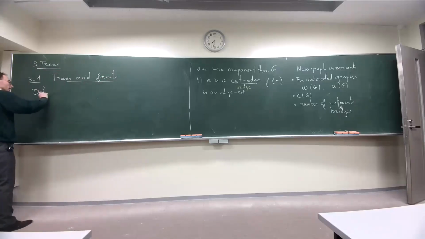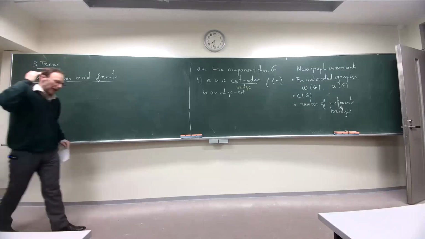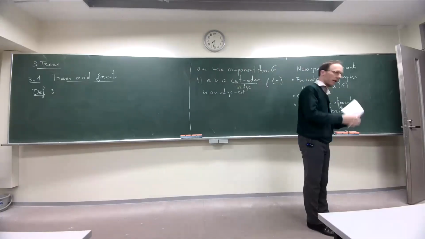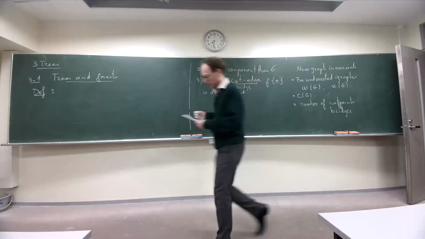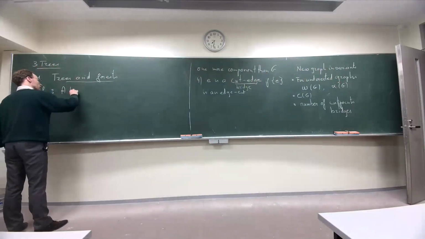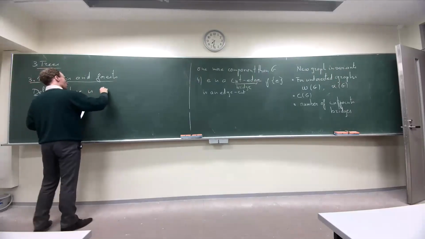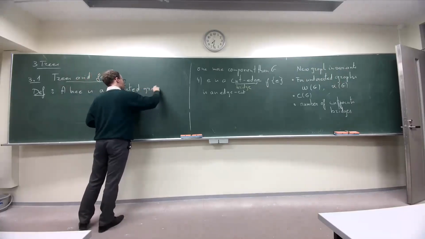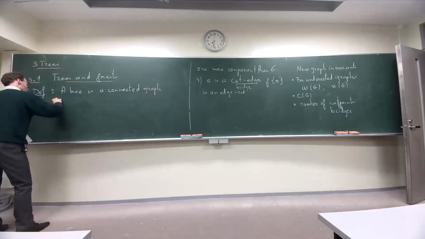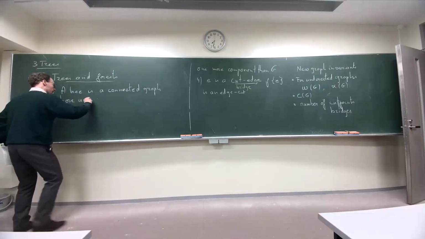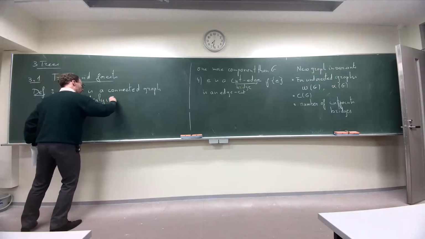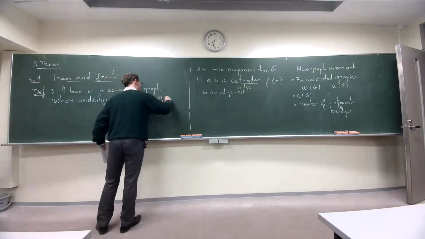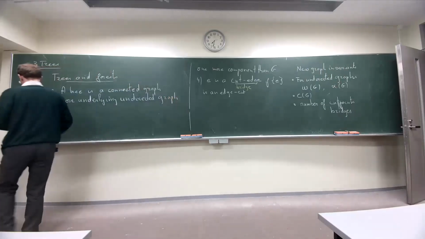Okay, first definition, what is a tree? Remember, I'm always trying to give definitions which are valid both for directed and undirected graphs. A tree is a connected graph whose underlying undirected graph, I will explain, has no cycle.